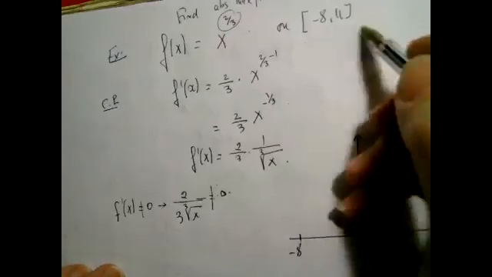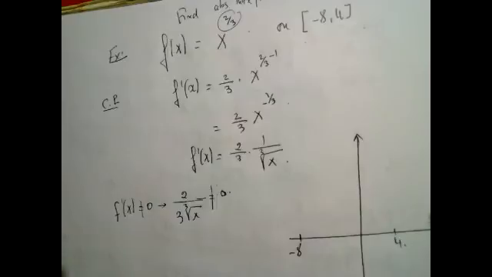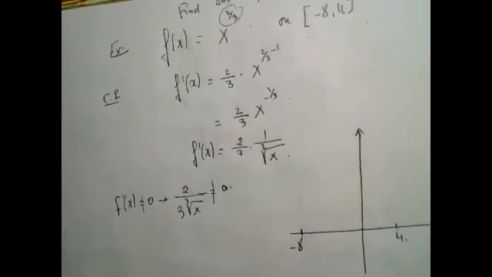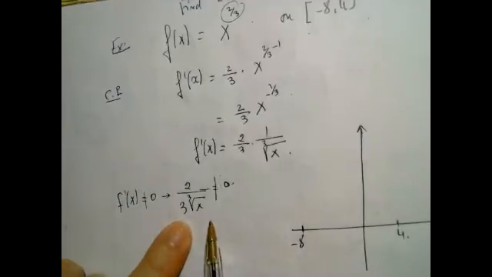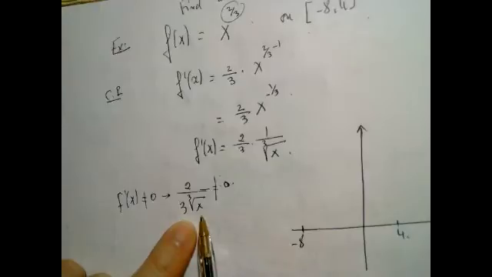Within my domain -8, 4, is there a value for x where the derivative is really problematic? Whenever you have a denominator, something should come to your mind. Right, at 0, we have a real problem. The derivative at 0 does not exist because it's 2 over 0. So x equal to 0 will be my only critical point.